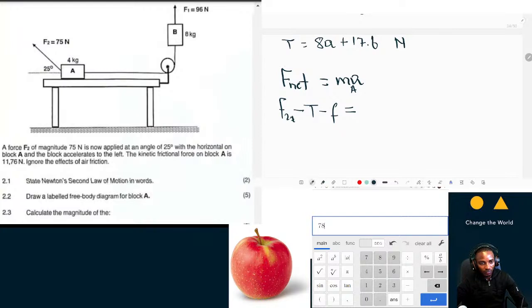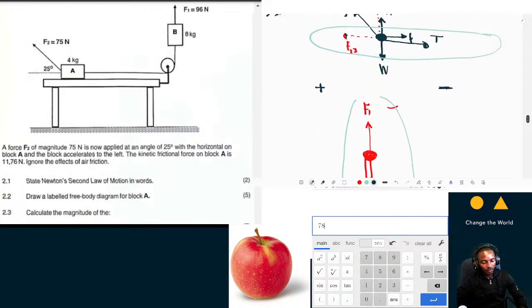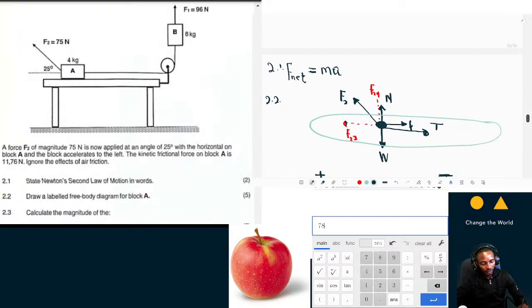The mass of block A is 4, so we're going to have 4a. But what is F2x? Let's go back to the free body diagram again. We have this angle here, so let's say that angle is 25 degrees.